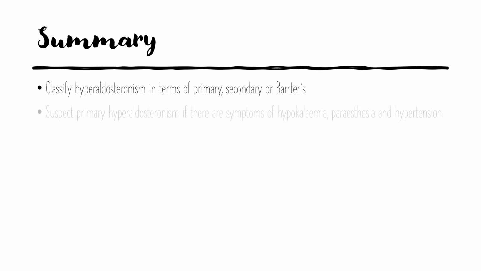Right, we've reached the end, so here's the summary. We've looked at hyperaldosteronism as well as phaeochromocytomas, so let's just recap. You can classify hyperaldosteronism in terms of primary, secondary, or Bartter's. You should suspect primary hyperaldosteronism if they have symptoms of hypokalemia, paresthesia, and hypertension.